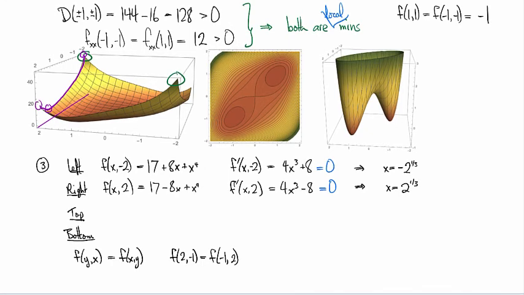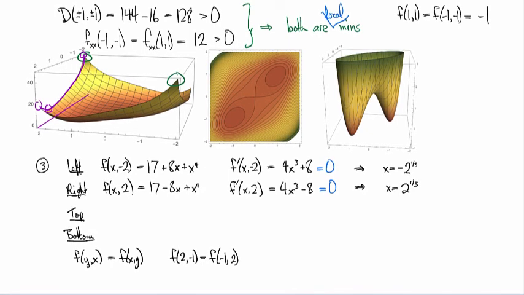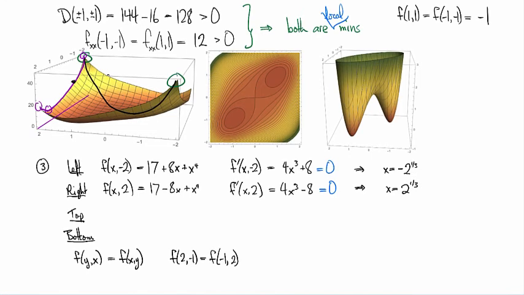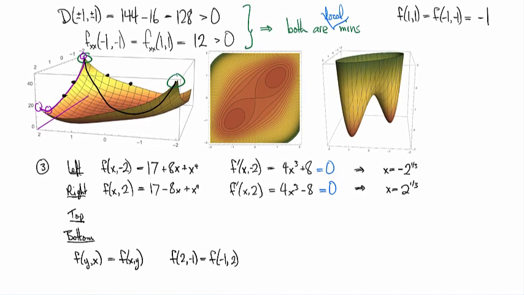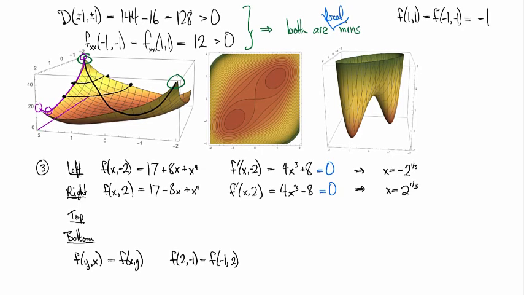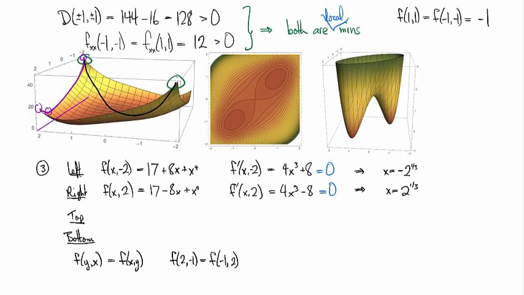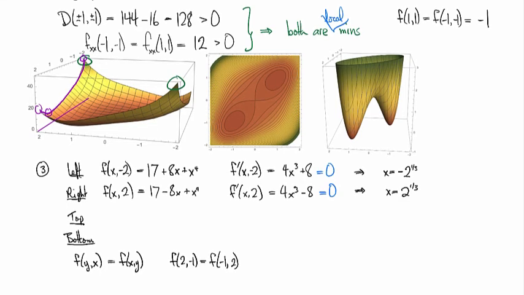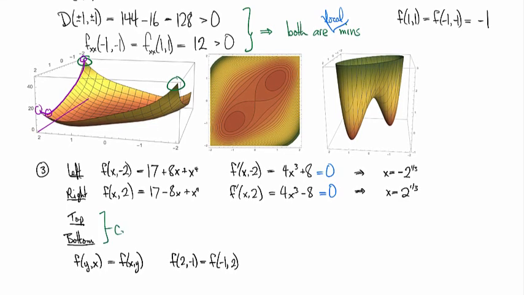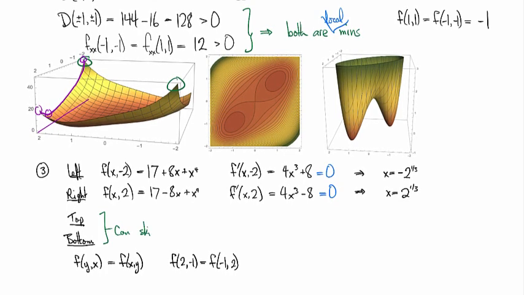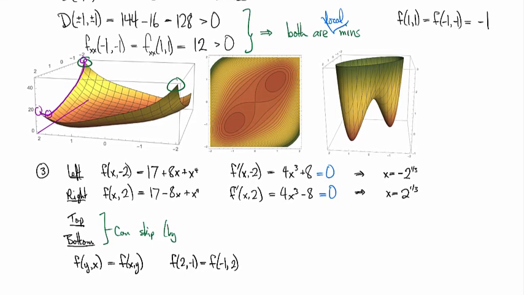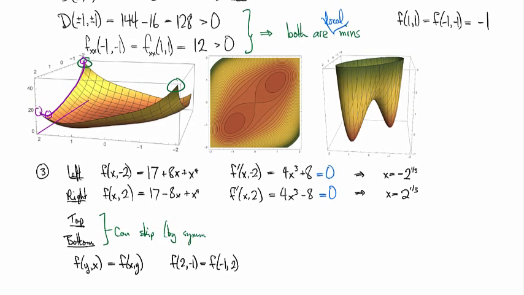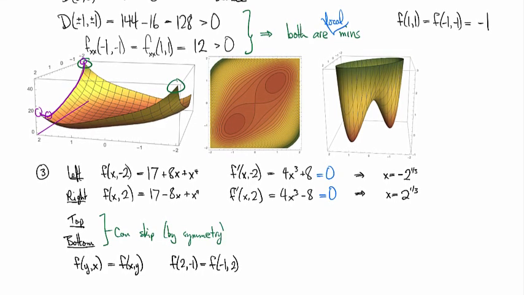And in the picture you can see that as if you were to reflect along this line here, the values on opposite sides of this line are always going to be the same. Okay, so that tells me that we can skip it by using the shortcut of symmetry.